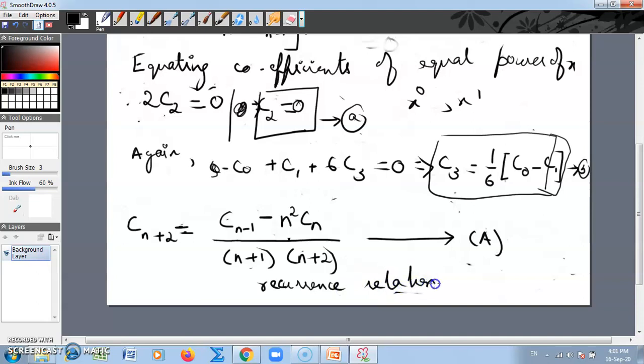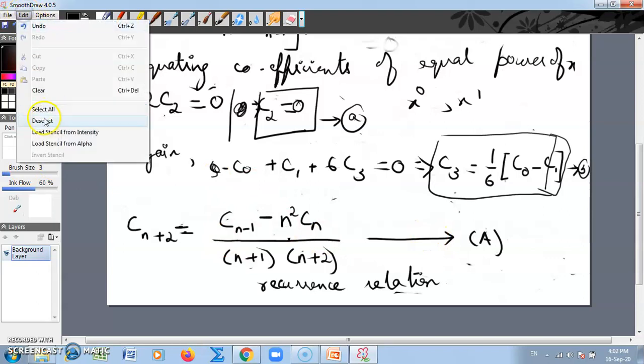Recurrence means that which comes again and again. So you see, when I put n is equal to 0, I get C2. When I put n is equal to 1 here, I get C3, and things like this. So when I put n is equal to 3, I get C5. So let us do that now. Let us put n is equal to 2 and all these things here.